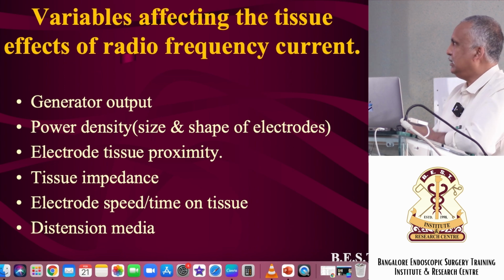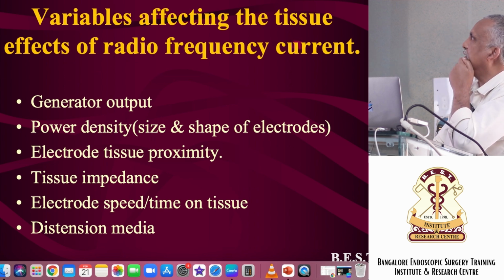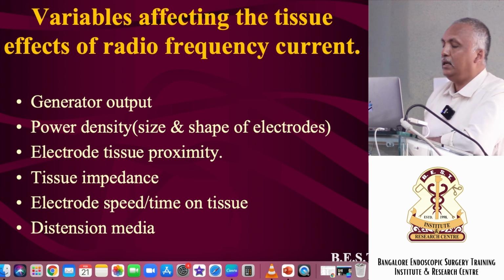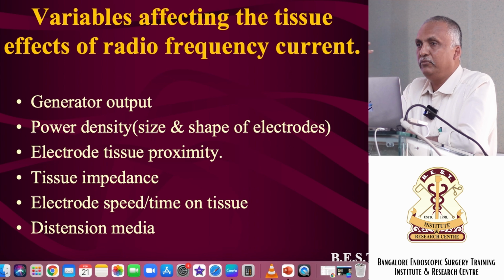Now, what are the other ways tissues are affected? There are variables. One is the generator output, the other is the power density, the other is electrode tissue proximity, tissue impedance, electrode speed, time on tissue, and distension media. So, what is generator output? You can have a 250 watt, you have a 400 watt machine.